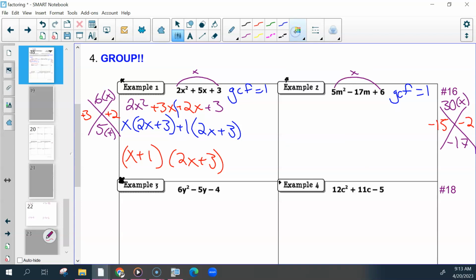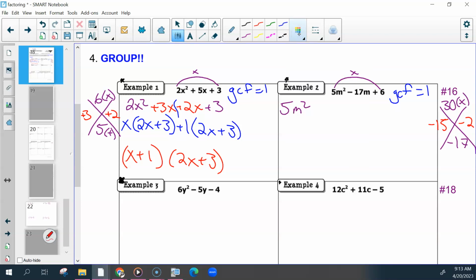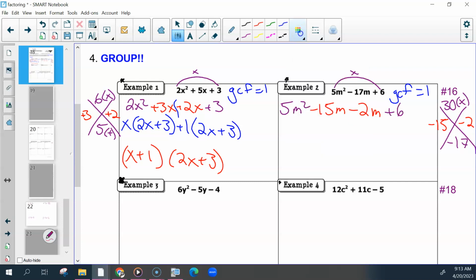So then let's rewrite. 5m squared stays the same. And I'll put negative 15m first because they can both be divided by 5. Negative 2m. And then plus 6. If you did it the opposite way, that's fine. You can still do it that way. It'll still work out.